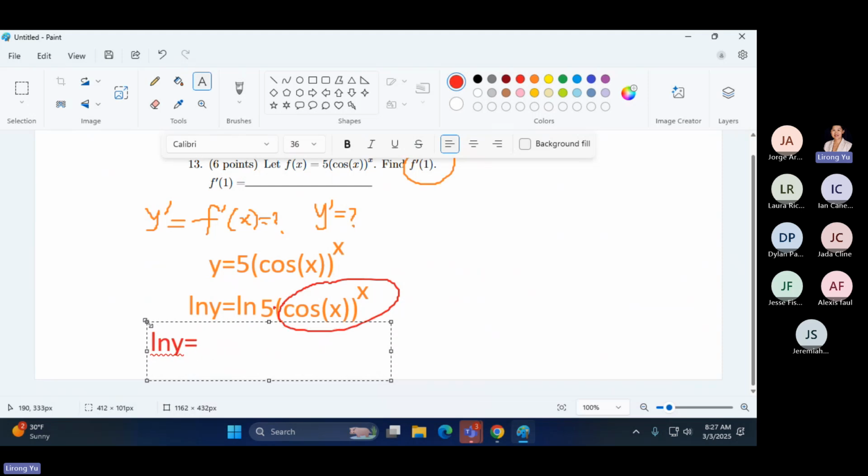So we have natural log of 5 plus natural log of cosine x to the power x. And then again, in the logarithm property, the power can be moved to the front. This is applying the power rule, and the summation part is applying the product rule. So that's what we have now.